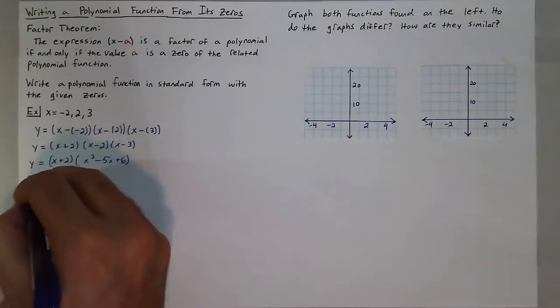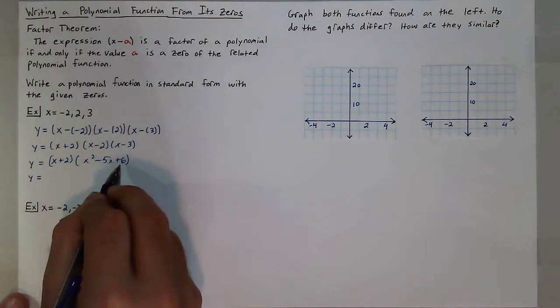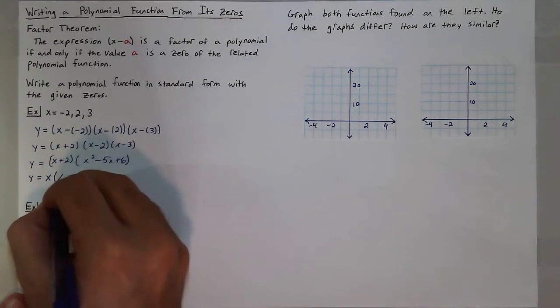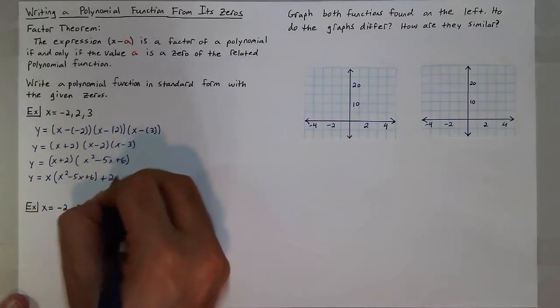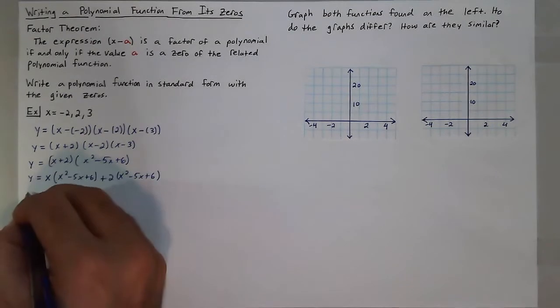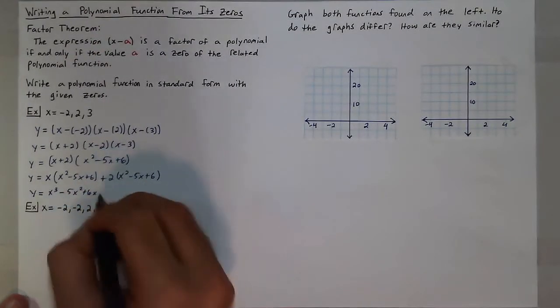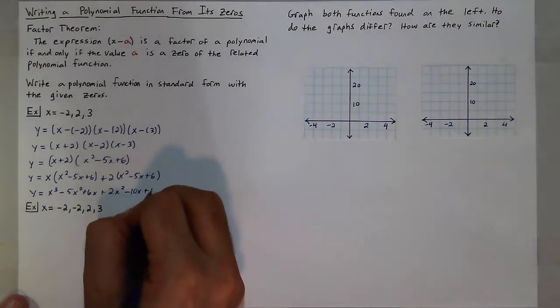Meaning I could just distribute x squared minus 5x plus 6 into the x plus 2, giving me x times x squared minus 5x plus 6 plus 2 times x squared minus 5x plus 6. And when I distribute these, I'll get x cubed minus 5x squared plus 6x plus 2x squared minus 10x plus 12.